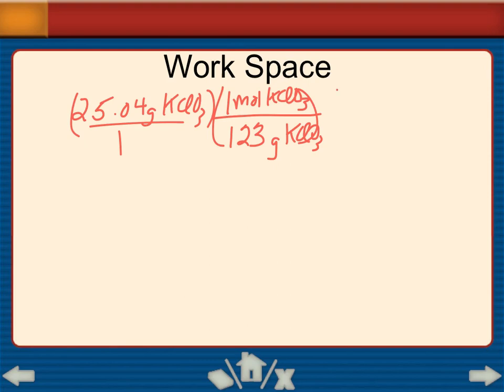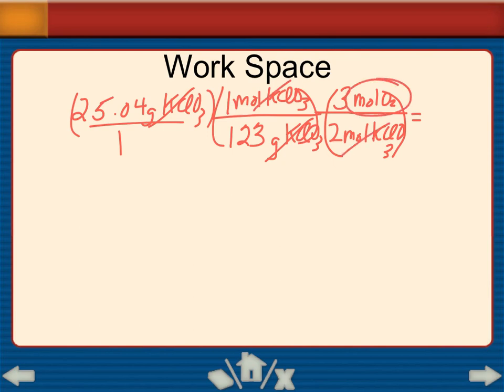So we might as well take the molar ratio and go for it all in one step. So we see that 2 moles of KClO3 produce 3 moles of O2. Check the units: grams of potassium chlorate, moles potassium chlorate. We're left with moles of O2. That's what we're looking for. So that will come out to be 0.306 moles of O2 gas.